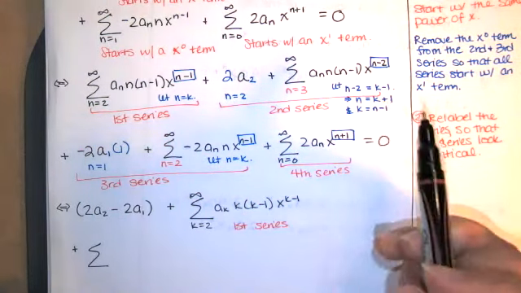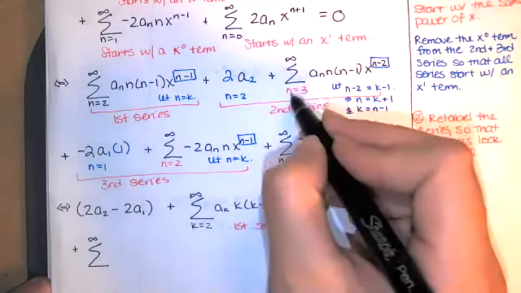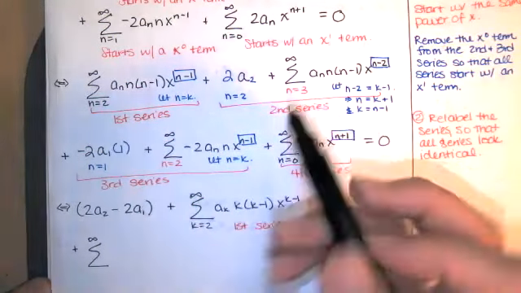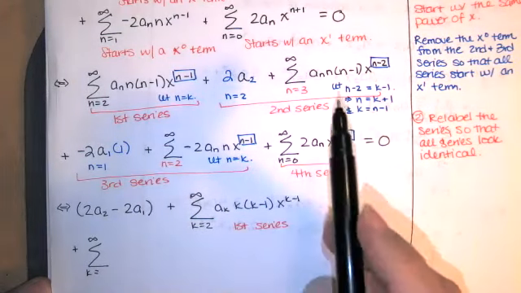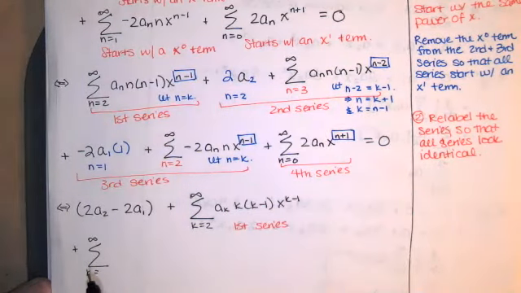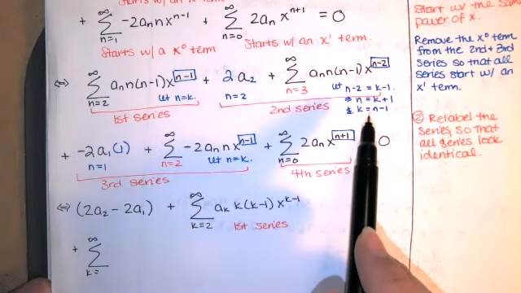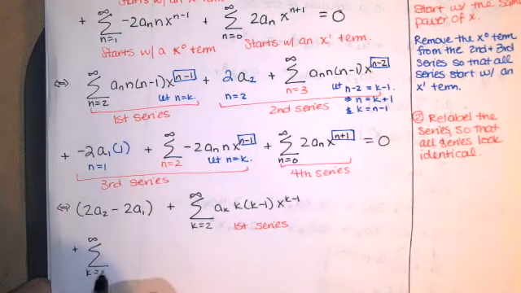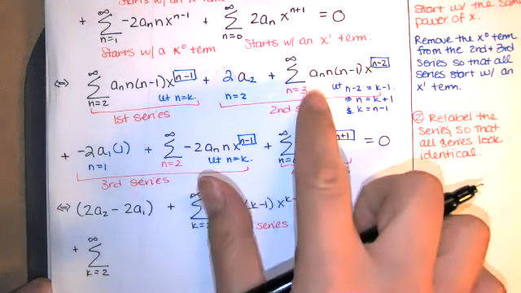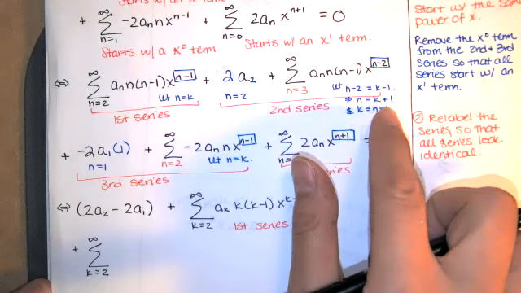So for our second series, we start with n equals 3. But we want to write this in terms of k rather than n. To find the k value where we start, we plug in n equals 3 to this equation. When n is equal to 3, k is equal to 3 minus 1, which is 2. And then over here, every time you see an n, you're going to replace it with a k plus 1.